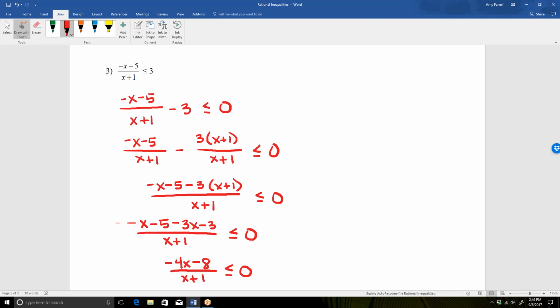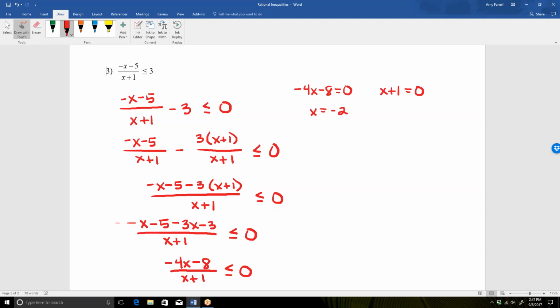All right, so we've got it looking pretty good here. We've got a single rational expression. We've got a 0. And so we want to know, when is this quotient less than or equal to 0? So I'm going to set the factor in the numerator equal to 0, as well as the factor in the denominator. This is going to tell me the numbers at which this inequality could change signs.